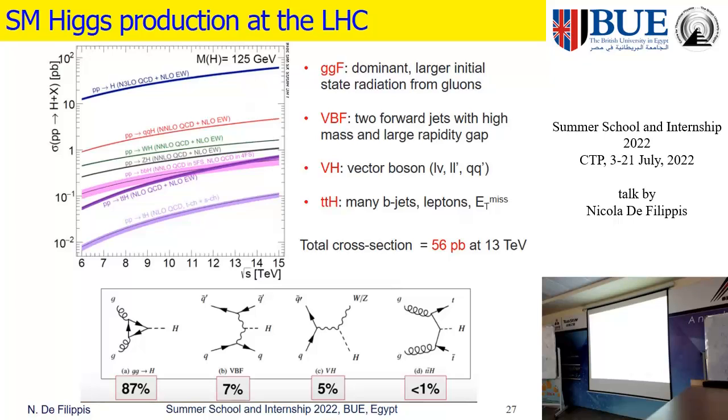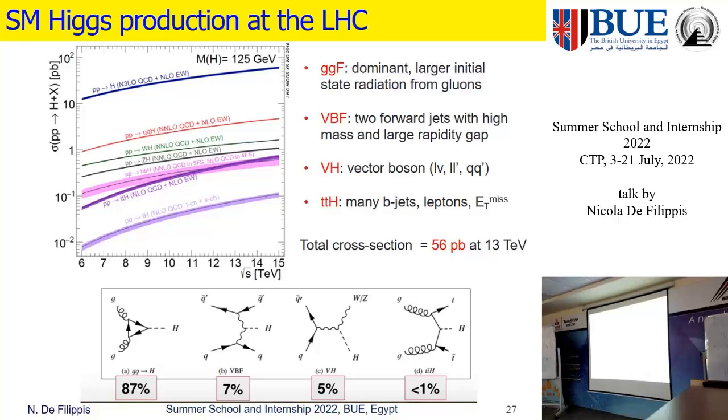But how was the Higgs produced at the LHC? Well, the main mechanism is gluon-gluon fusion, where you have gluons, a virtual loop of top quarks, and then the Higgs.